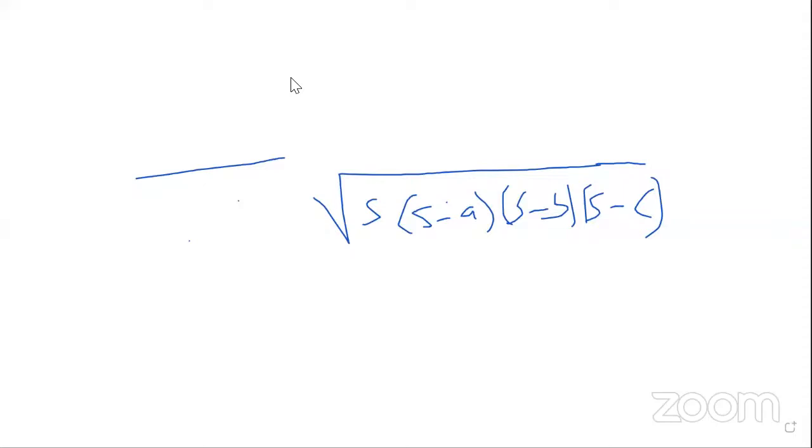So before we go to that point, what does S give you? What is S? Gabriel Mwangi. S is half the perimeter.